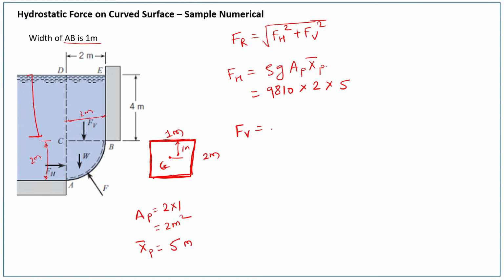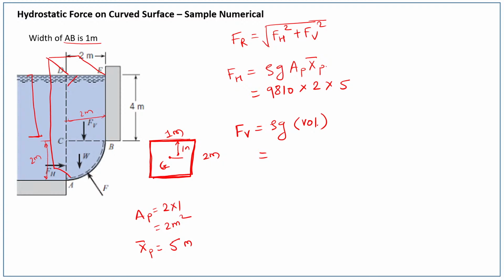Then the vertical component is rho g, that is equal to the weight of the fluid supported by this curved surface. So that is specific weight into volume. Anyhow, you have to find out the volume of the fluid above this curved surface. In other words, we can say that volume is this front area into perpendicular distance.